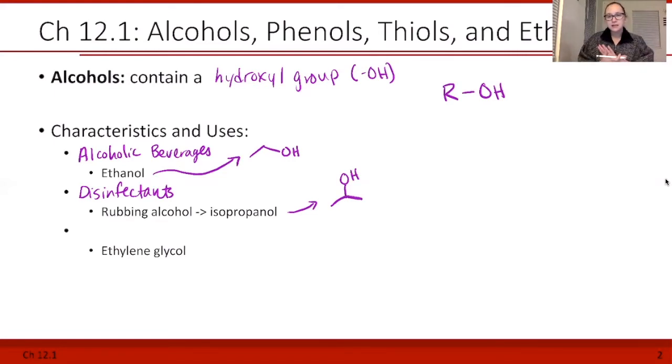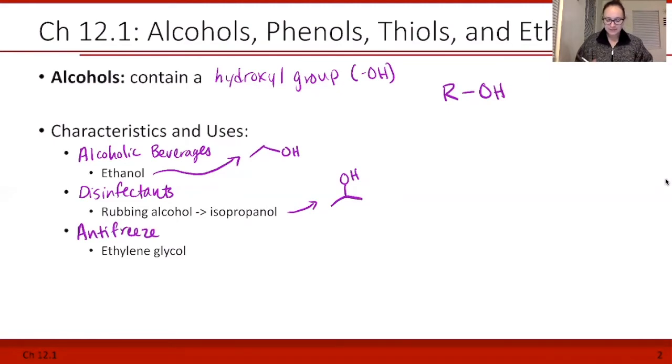So the hand sanitizer that we've been using almost constantly through COVID will either have a majority of ethanol or a majority of isopropanol in it, and that kills the bacteria, and that's why we use it in hand sanitizer.